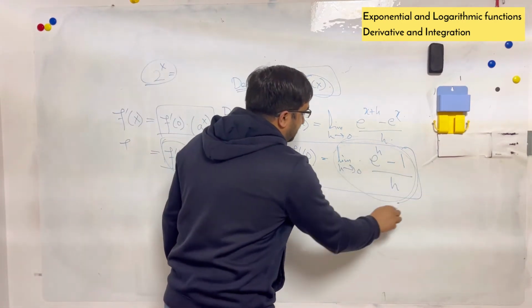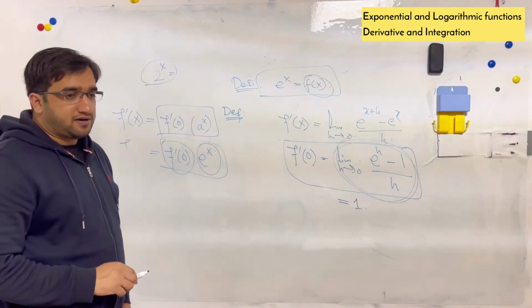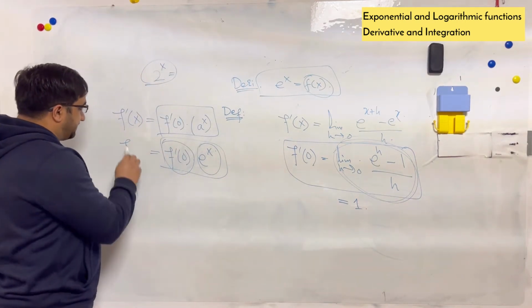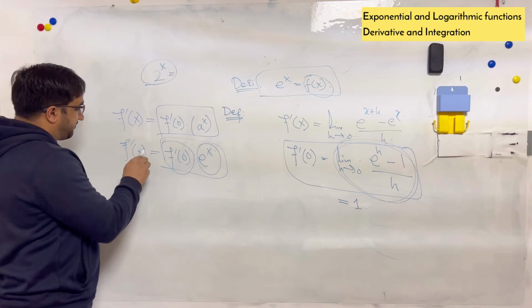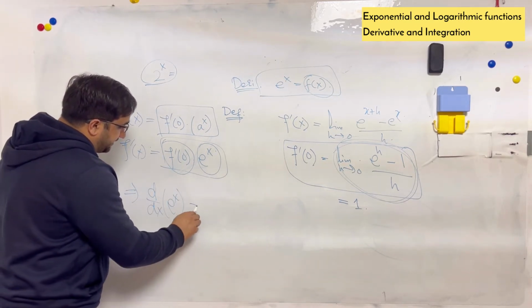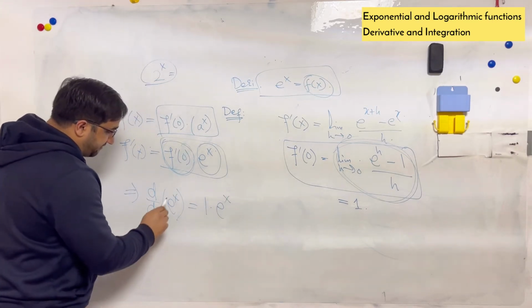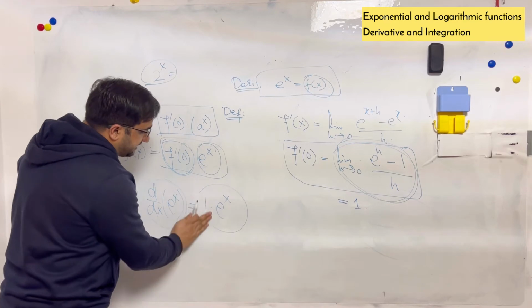So this whole thing becomes 1. Therefore, the derivative of e raised to the power x is 1 times e raised to the power x. So the derivative of e raised to the power x is always e raised to the power x.